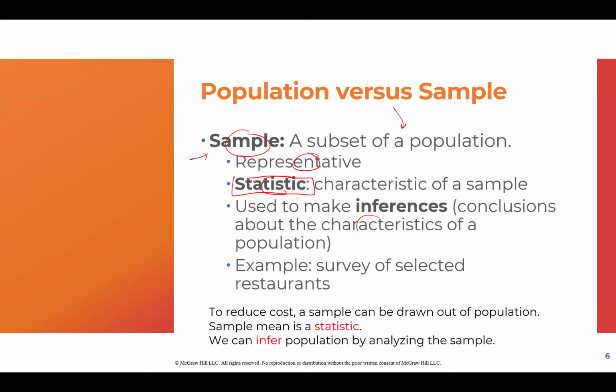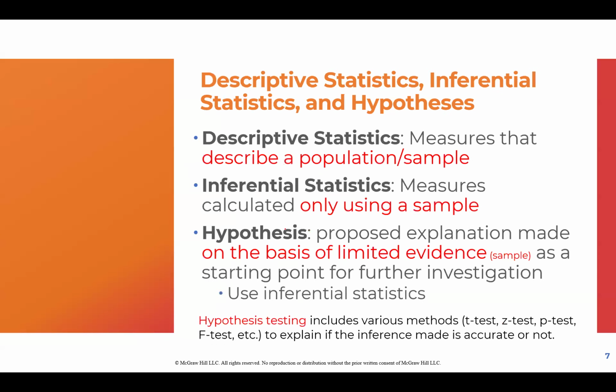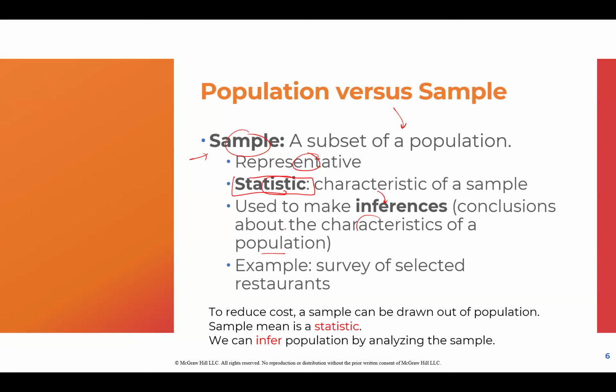Based on the sample, you can infer or conclude about the population. First, understand the sample and find out the mean value, and the population mean is supposed to be the same or similar or close. So how close is it?